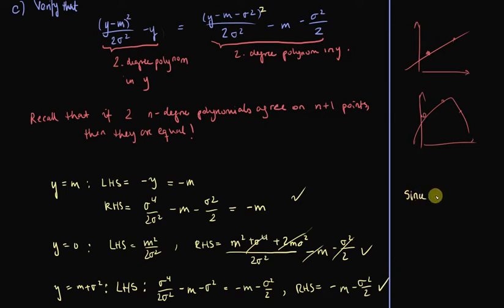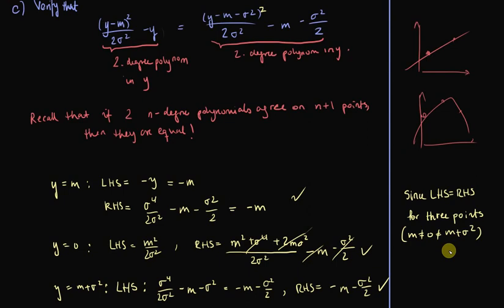So we conclude, since left-hand side is equal to right-hand side for 3 points, and note that these are 3 different points because m and 0 and m plus sigma squared are different, at least if we just choose m to be not 0.